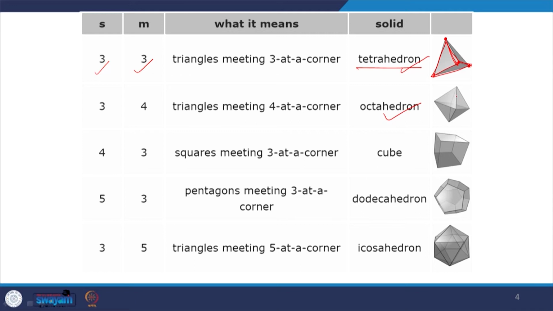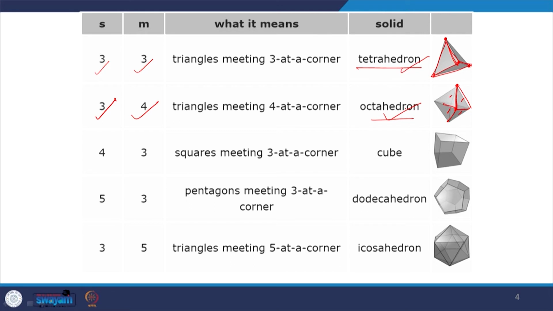Octahedron is where there are 4 triangular surfaces meeting at each point. So at each point there will be 1, 2, 3, 4 triangular surfaces. The number of sides for each surface is 3, but the number of triangles meeting is 4. That is your octahedron.